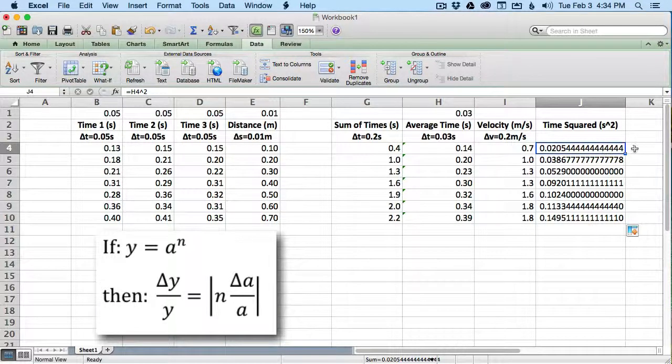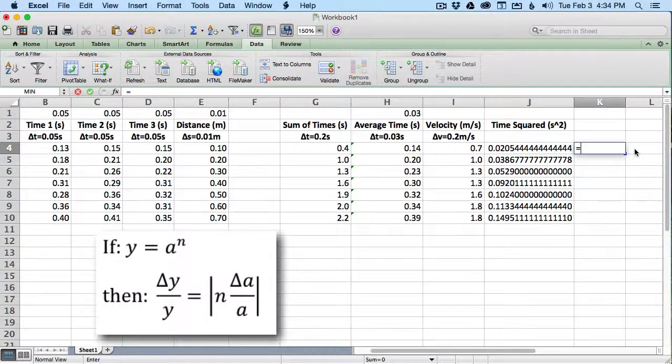So what we're going to do to find the uncertainty is I'm going to say equals, I'll multiply by our times squared value and multiply that by 2 times the uncertainty divided by the actual time.